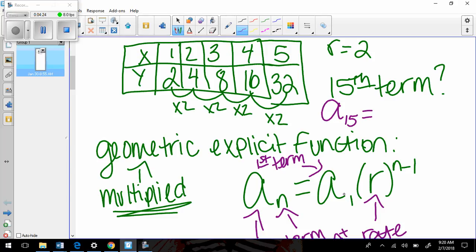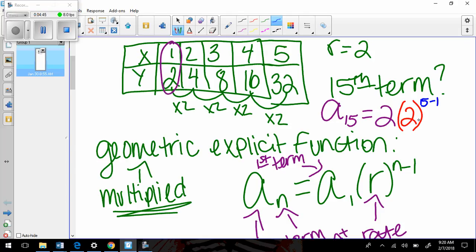The first term, a sub 1, would be right here, 2. r is the rate, so the rate is 2. And then n minus 1: I want to know the 15th, subtract 1 from that.